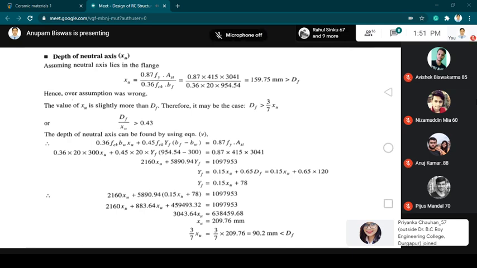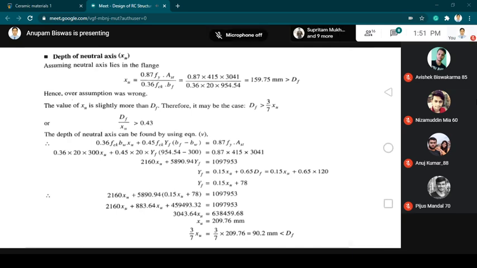Depth of the flange thickness is given 120 mm. So it is coming more. So our assumption of considering the neutral axis lying within the flange is wrong.